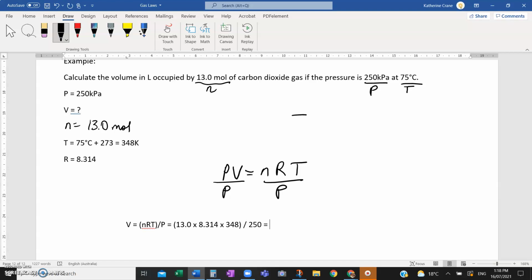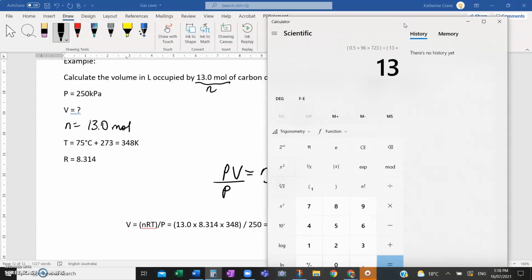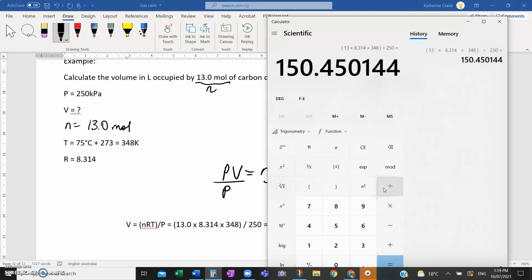If we put all that in the calculator: parentheses, 13 times 8.314 times 348, close the parenthesis, divided by 250 equals 150.45.